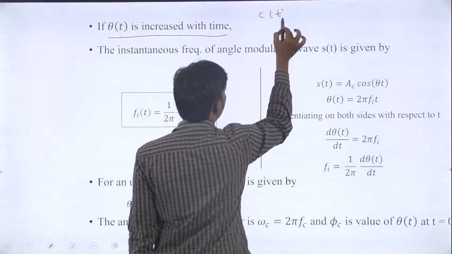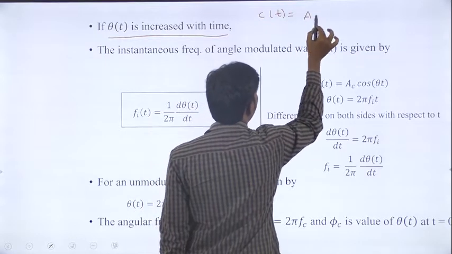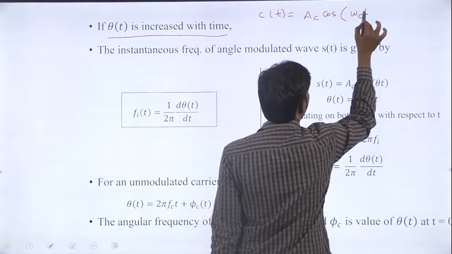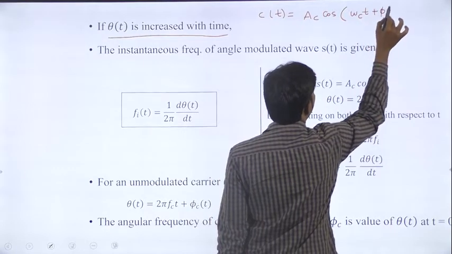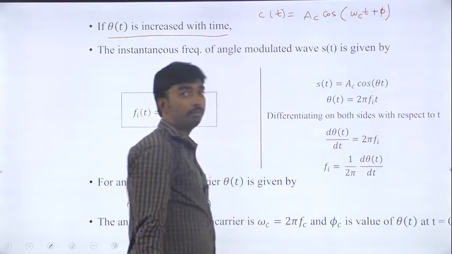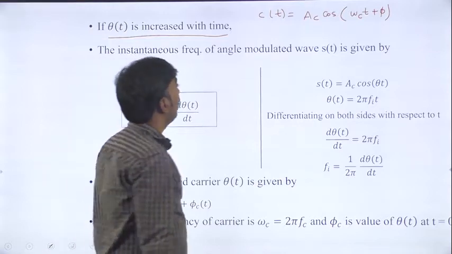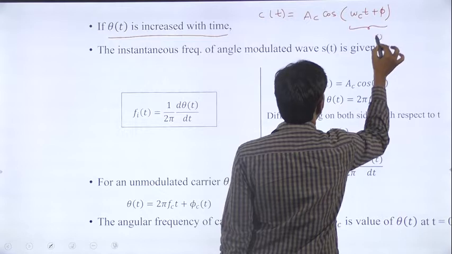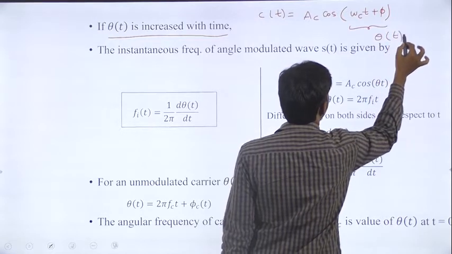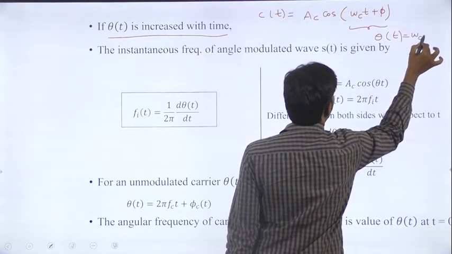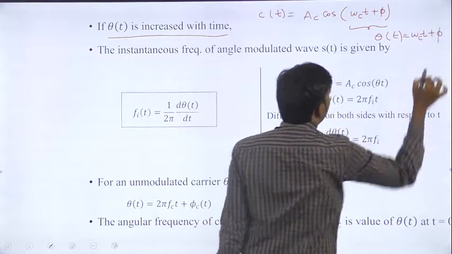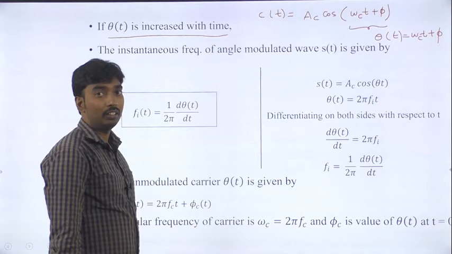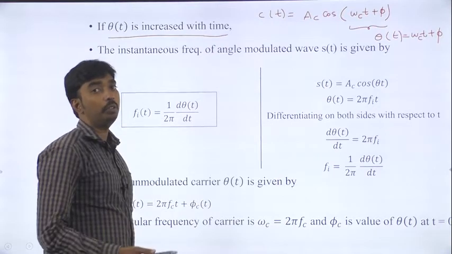Earlier I have written c(t) is equal to Ac cos(omega_c t plus phi). And now this angle I am taking as theta(t), which is equal to omega_c t plus phi. That's it. That angle I am taking as theta(t), that also increases with respect to time.